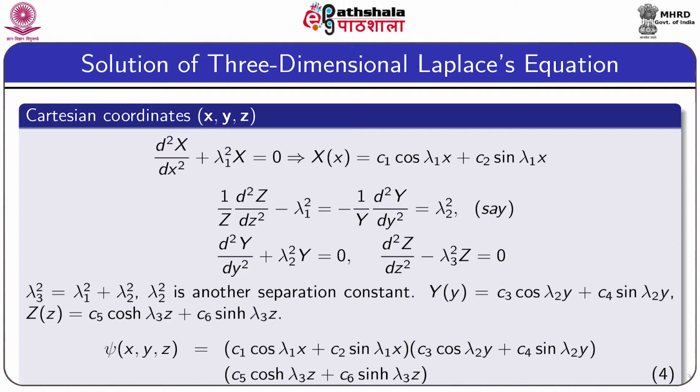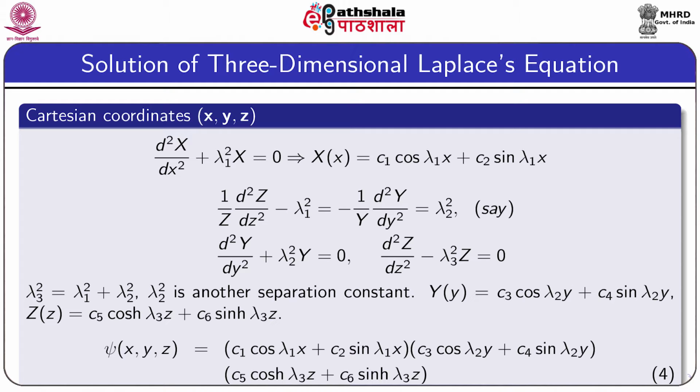Now, there is another equation in the dependent variable capital Z: d2Z dz square equals lambda 3 square into Z, where lambda 3 square equals lambda 1 square plus lambda 2 square. We solve this Z equation, and its solution can be found easily.